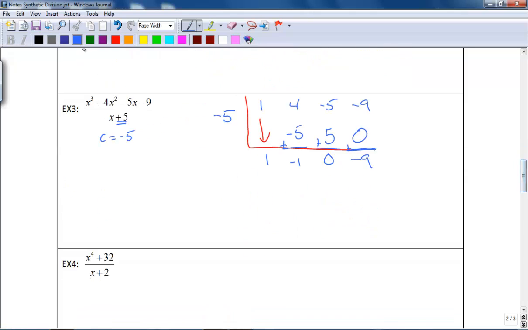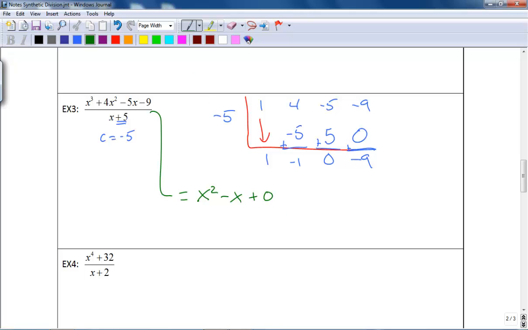So, what is the quotient? What is the answer here when I divide x cubed plus 4x squared minus 5x minus 9 by x plus 5? Well, it's going to equal 1 degree less. If this is a cube, I start with a squared. 1x squared, or just x squared, minus 1x, or just minus x. I don't have a constant term, so I don't really need to write plus 0.